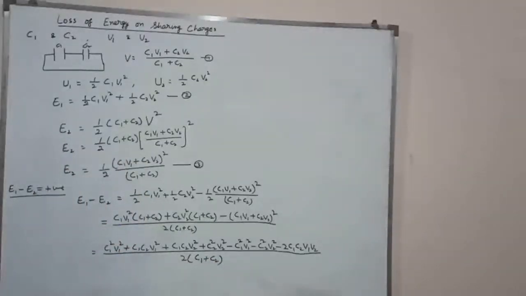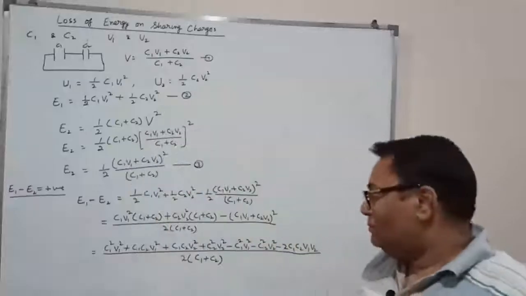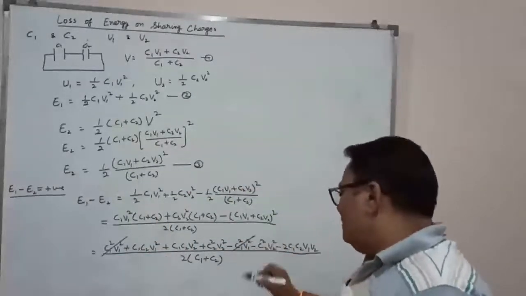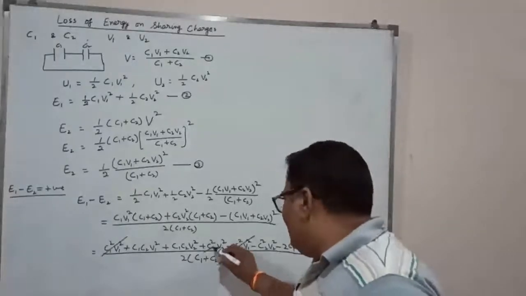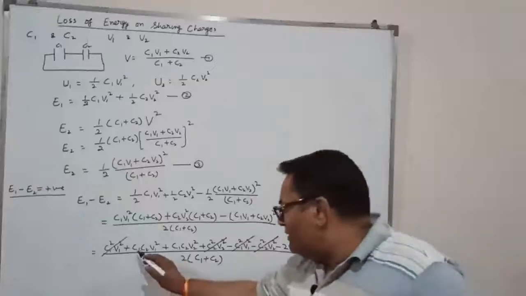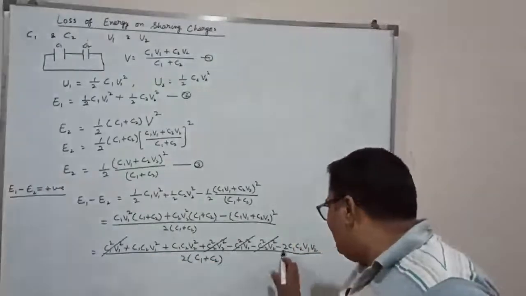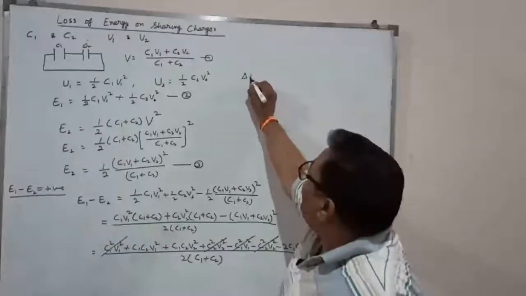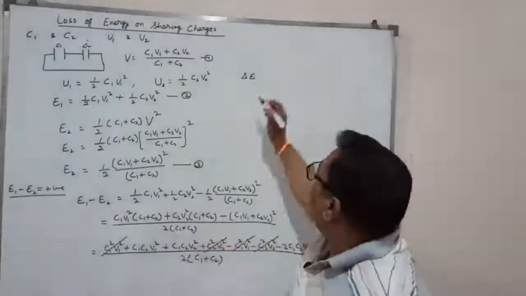Clear? Or C1 square V1 square and C2 square V2 square cancel, and C1 C2 is the common term. This is delta E, the change in energy.